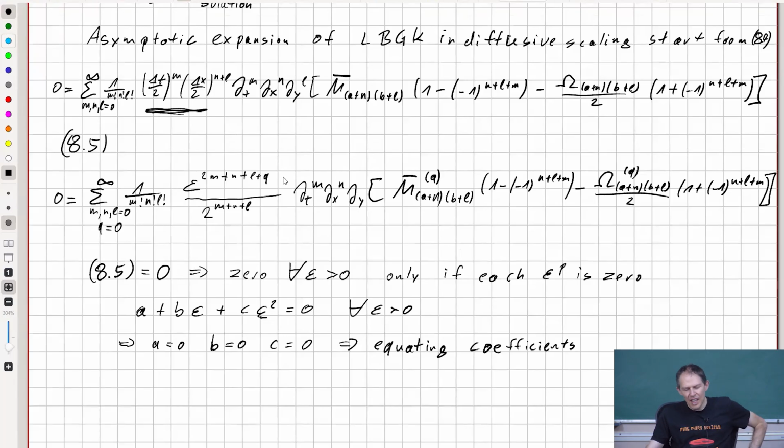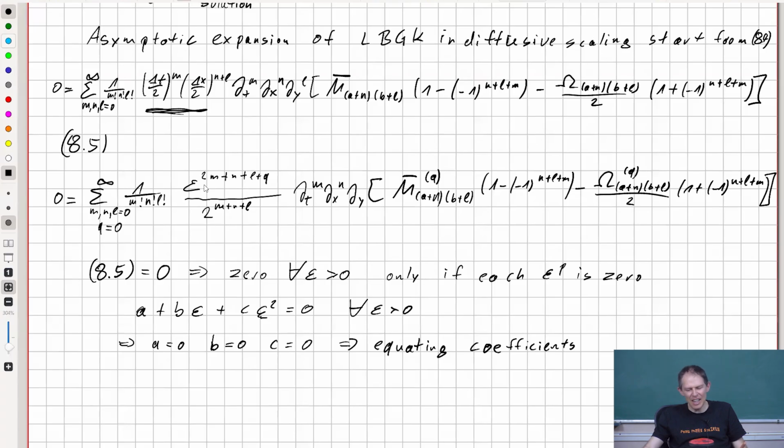Because this means that each individual order, where we have epsilon to the same power, we can organize this to epsilon to the same power, and they will all be equally 0. So I already organized them all together, right?